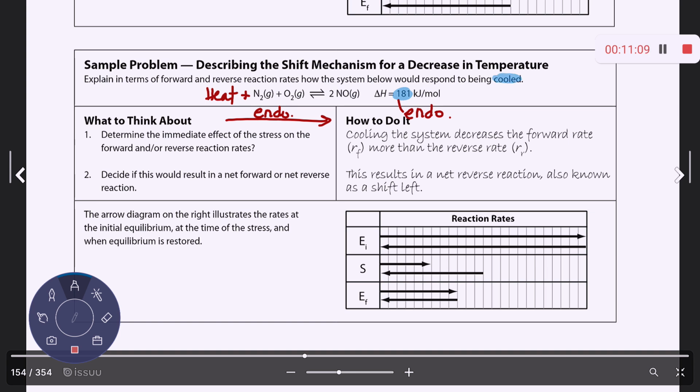Since the forward direction is my endothermic direction and I'm dropping the temperature, that means that direction will be affected more. So here you can see that the forward rate dropped significantly more because it's the endothermic direction, okay? Let's take a look at the last set of practice problems.